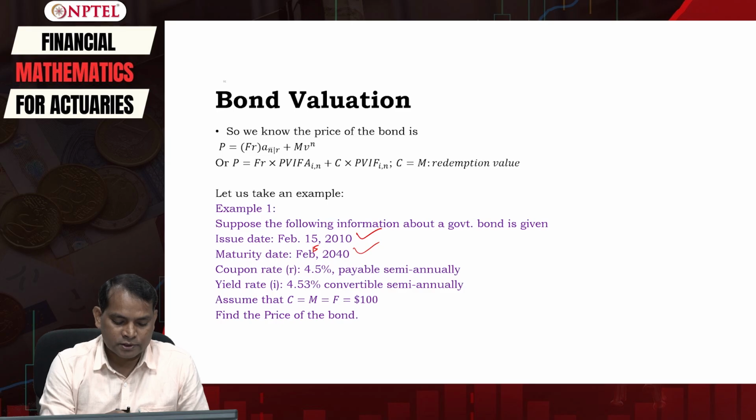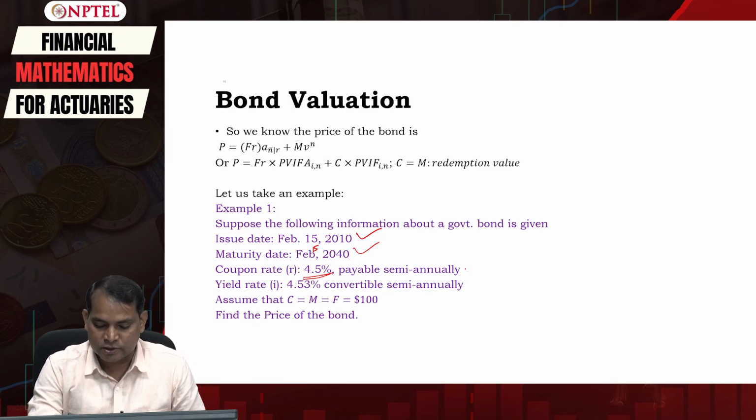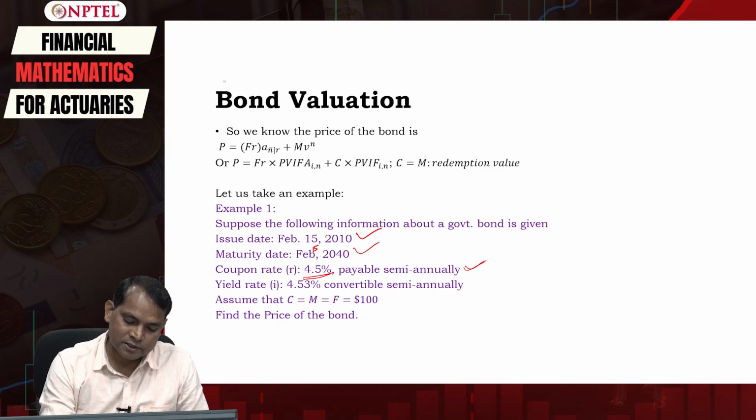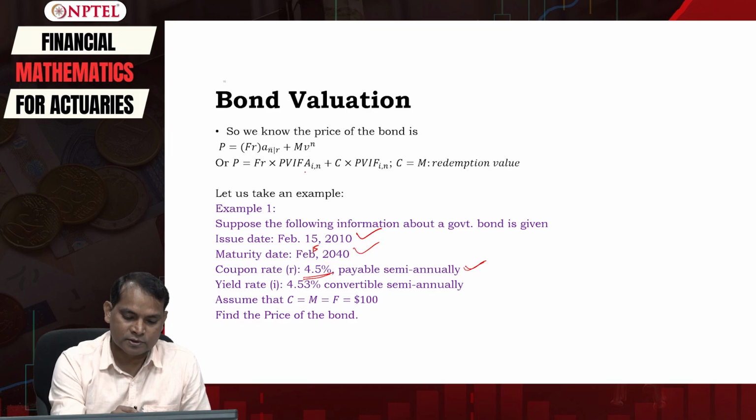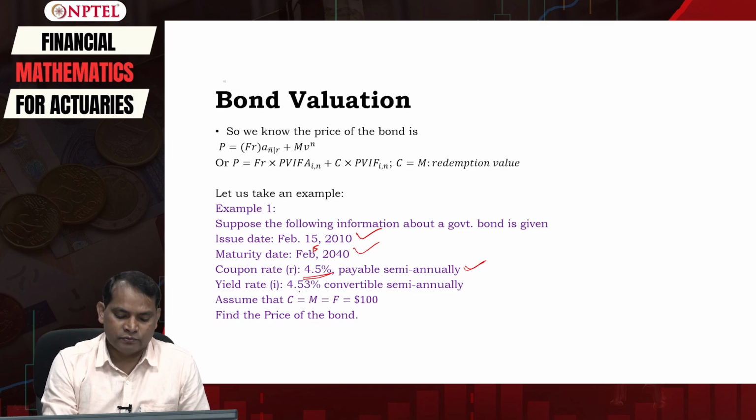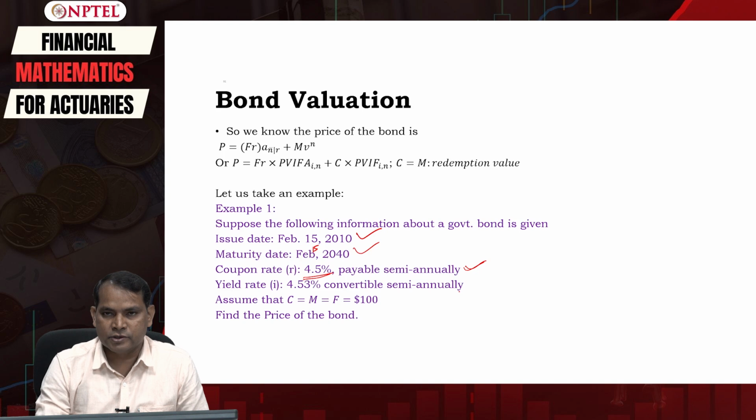The coupon rate is given. Coupon rate is the rate of interest mentioned on the face of the bond, that is 4.5% payable semi-annually. So every 6 months the coupon payment is to be made. The yield rate, which is i in our equation, is also given as 4.53%, convertible semi-annually.